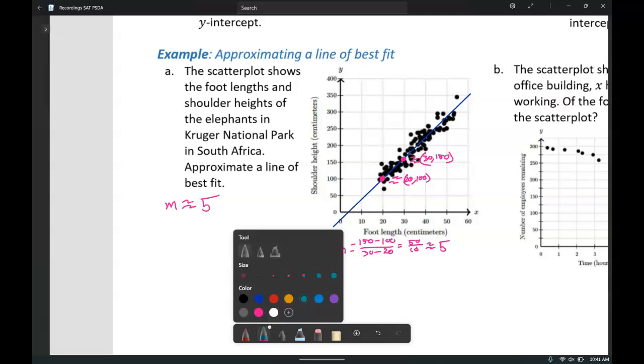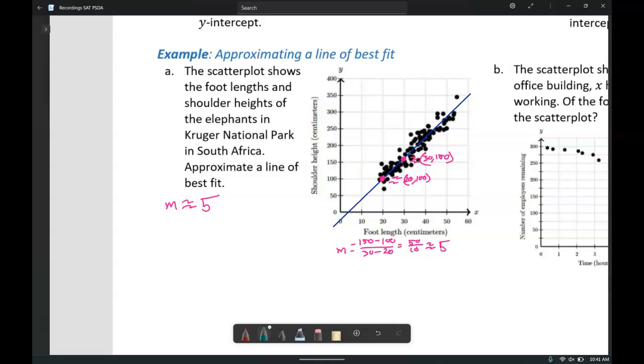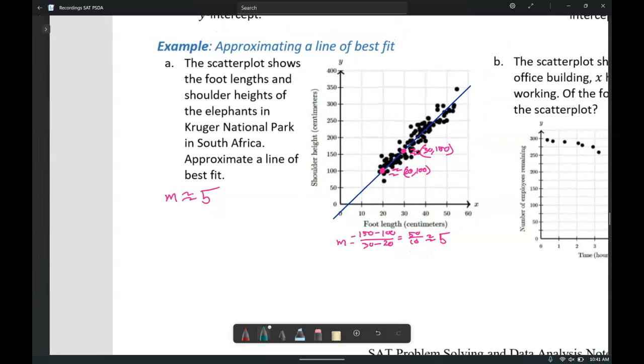Then we just have to estimate what our y-intercept is going to be. And so here we're just going to look closely and say, okay, well, if we follow this trend down, we know our y-intercept is going to be close to 0, and it's probably going to be negative. Now, because this continues off the graph, we have to think about what our scale looks like. And so we can estimate here and see that this line is approximately going through the middle if I were to continue this scale mark down.